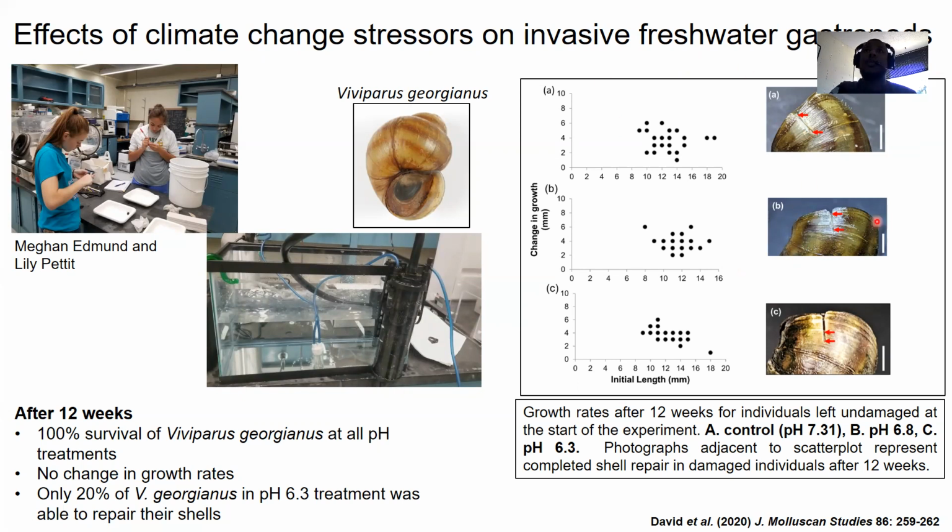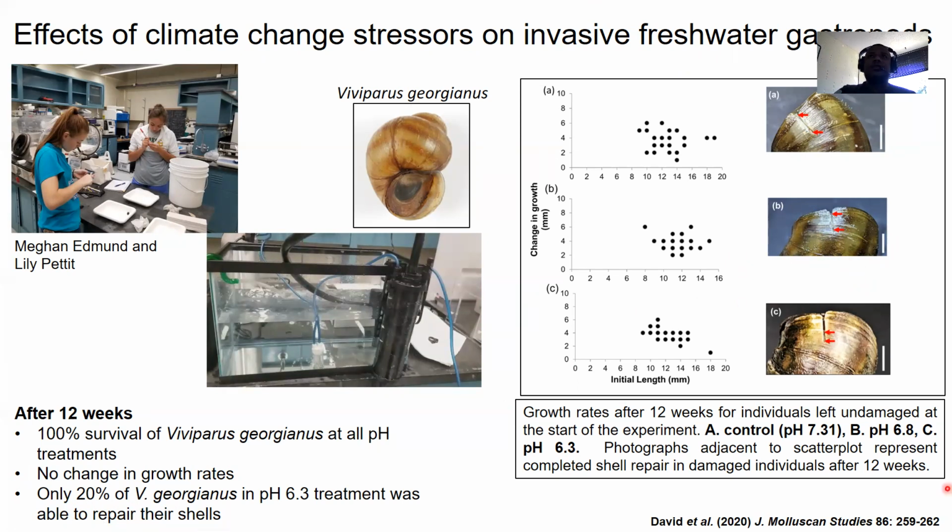And we looked at shell repair as a proxy for physiological performance. And surprisingly, at the 7.3 and 6.8 treatment, the snails did pretty well. They all repaired their shells after 12 weeks. It was only at the 6.3 treatment that only about 20% of the snails were able to repair their shell.